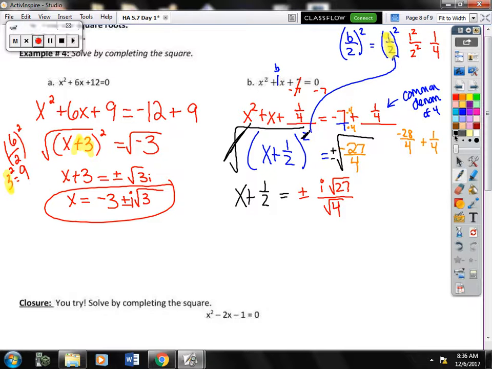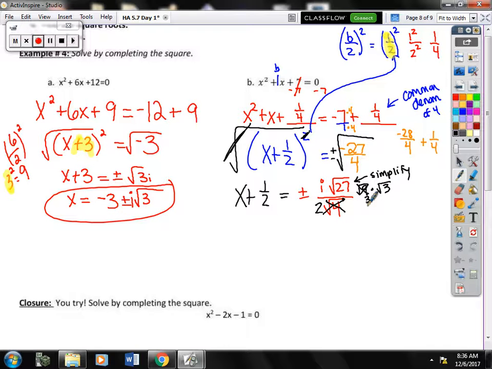Now before you start rationalizing, the denominator is a perfect square. So just take the square root of 4 to be 2. Now the 27, can I simplify this? Yes, we can break this down into the square root of 9 times the square root of 3.